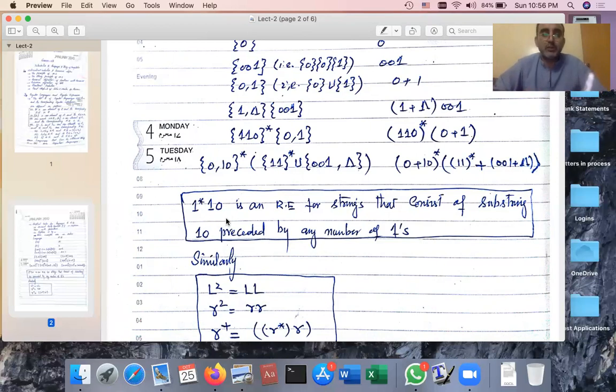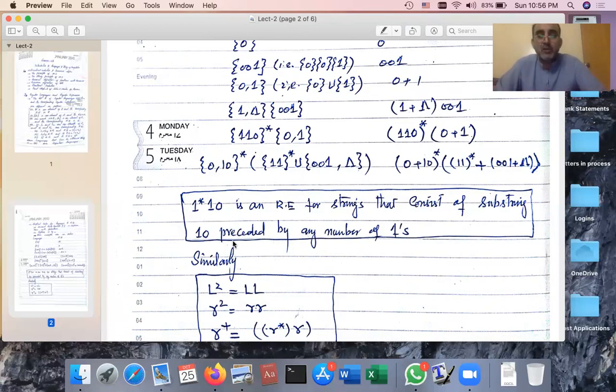Now come to these slides. So 1 star 10 is a regular expression for strings that consist of substring 10 preceded by. Preceded means something which occurs first from something.